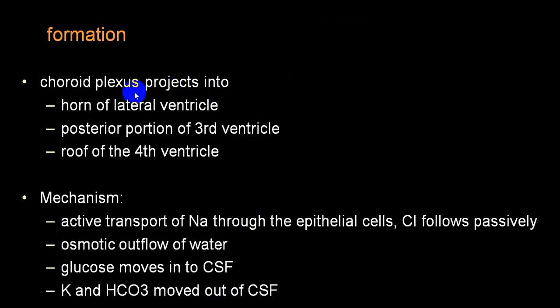Choroid plexus is present in the frontal horn, occipital horn and body. The posterior portion of the third ventricle and the roof of the fourth ventricle also have a little amount of choroid plexus.